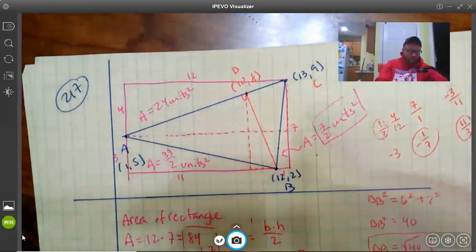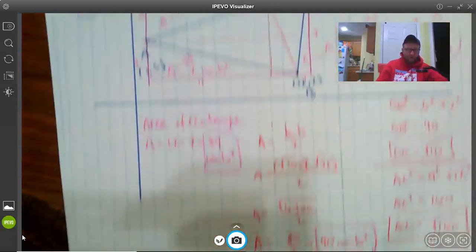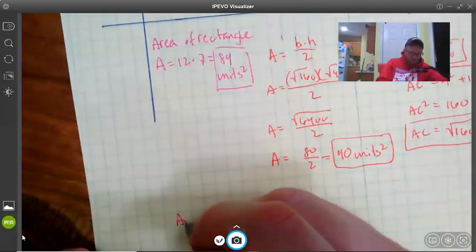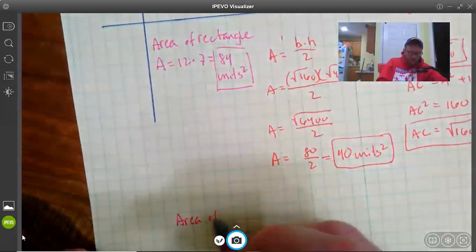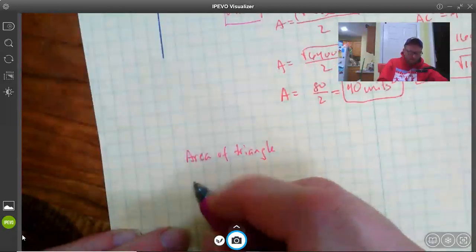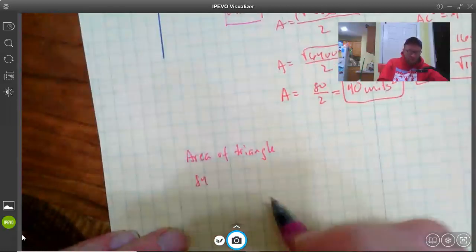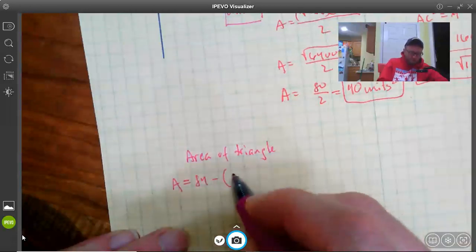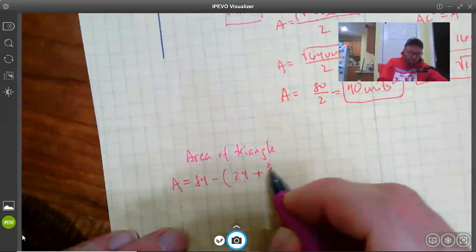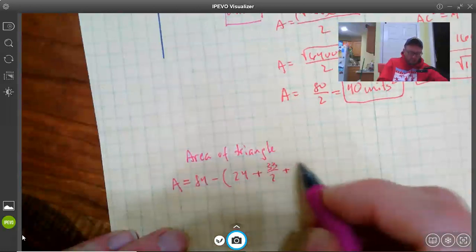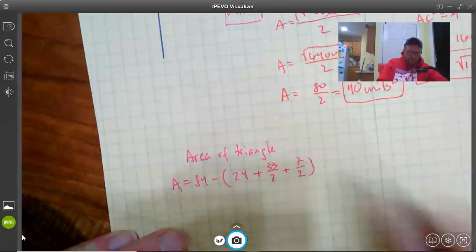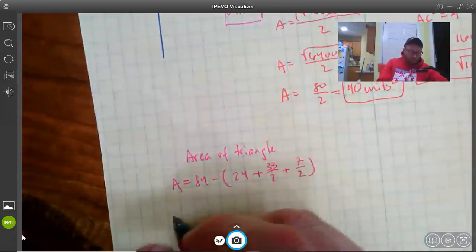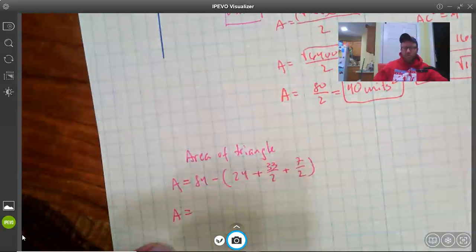So I just have to add these three up and subtract them from 84. So area of triangle is the 84 units of the big rectangle minus the sum of 24, 33 halves, and 7 halves, the areas of the three small triangles.